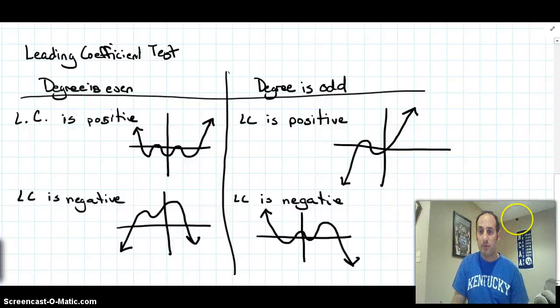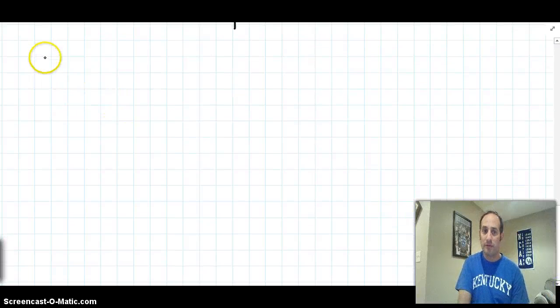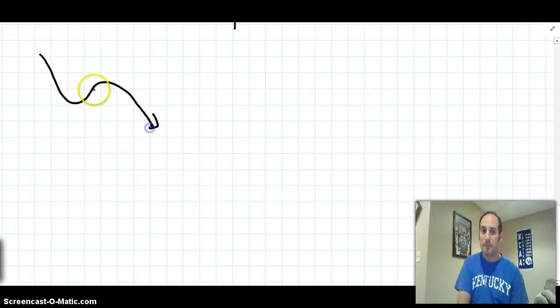So let's look at an example of what these would be. We haven't written out what the actual end behavior is going to be. Let's say our graph looked like the last one there. When x is getting really negative, because x is decreasing as you go to the left, you can follow the little yellow cursor. As you go to the left, this is going up towards positive infinity.